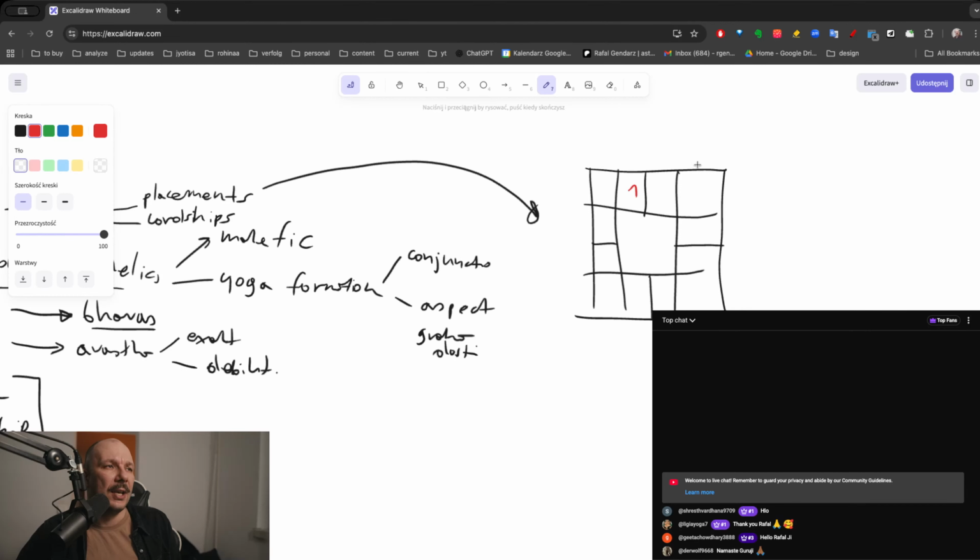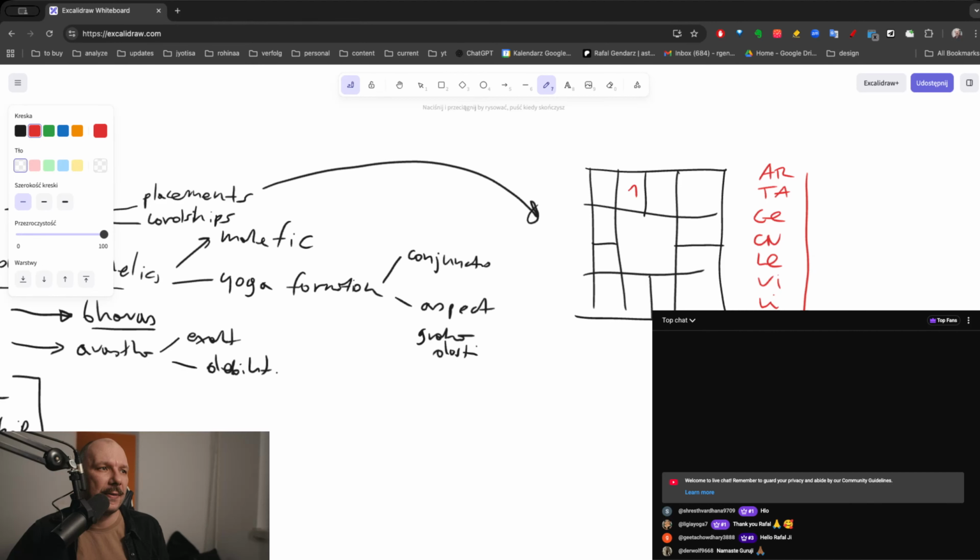To understand the placements in the chart, you also need to understand the natural order: it's always Aries, Taurus, Gemini, Cancer, Leo, Virgo, Libra, Scorpio, Sagittarius, Capricorn, Aquarius, and Pisces.